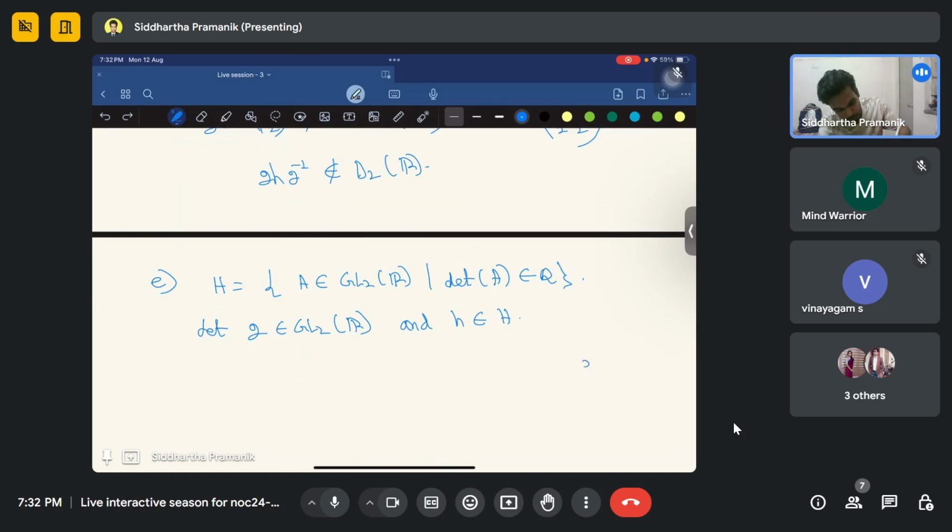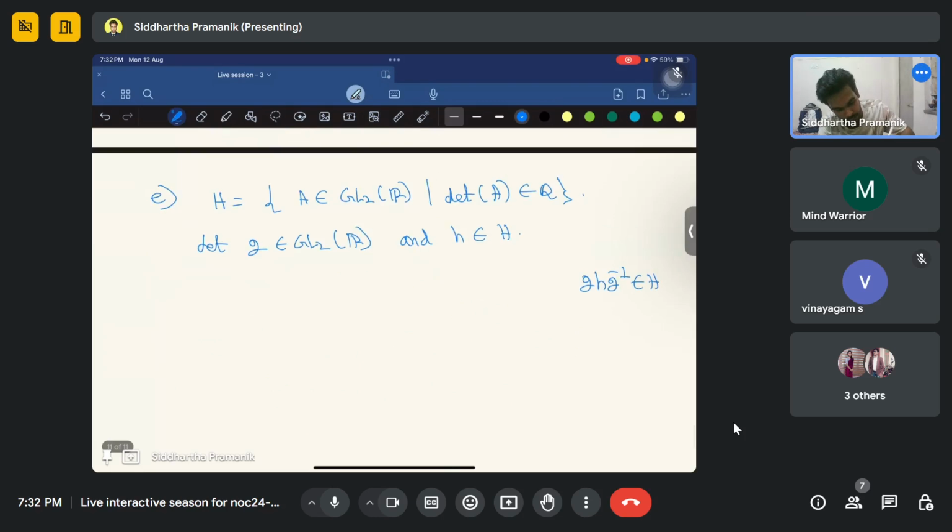So we need to prove G h G inverse is in H, right? So what does that mean? It is if and only if the determinant of G h G inverse is a rational number. So is it true?